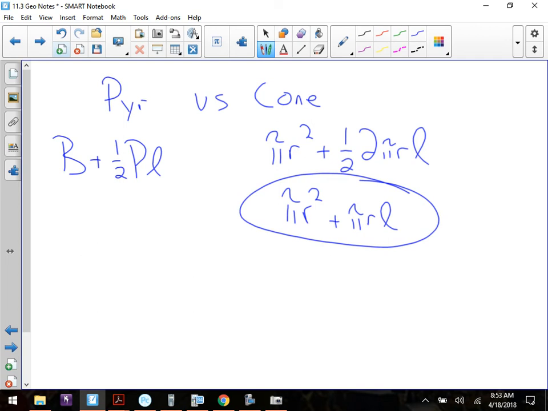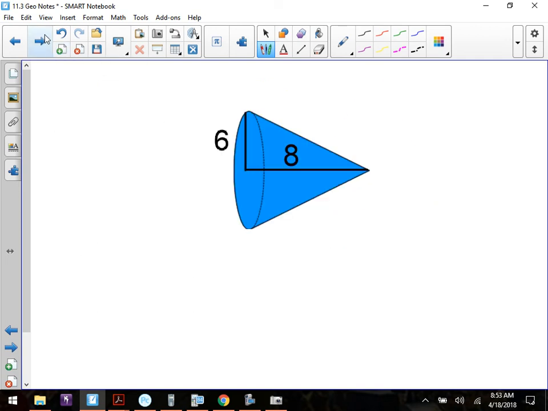All right. Let's look at an example. So in this one here, we've got a cone.